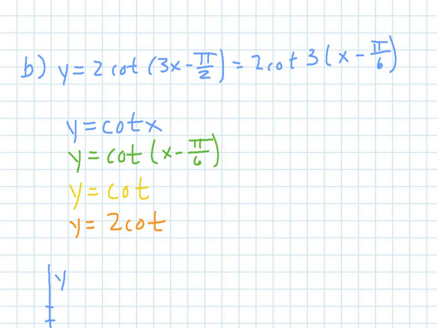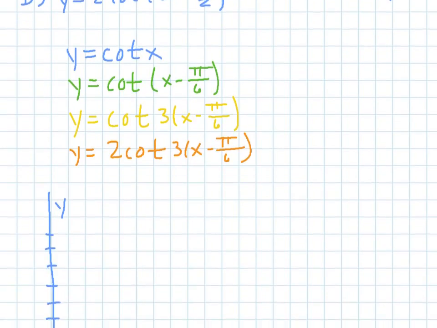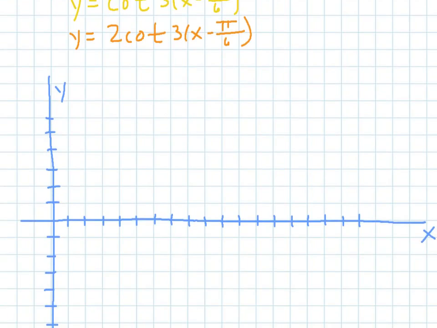Then the next one should be 3 times x minus pi over 6. And then the last one, we're applying that amplitude of 2 on the outside. Okay? So start by graphing one period.